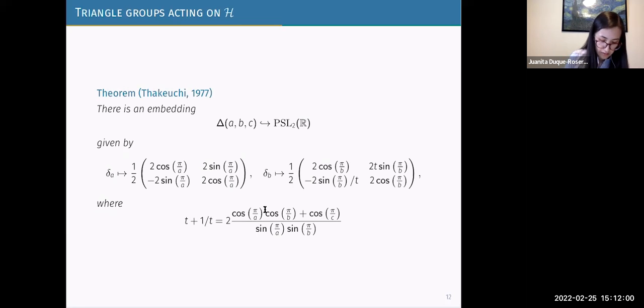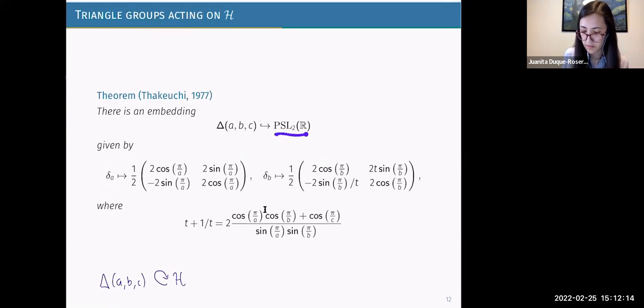And then, using this embedding, we can have a triangle group, delta of ABC, acting on the upper half plane, right? We send it to matrices with coefficients in R, and then we have those matrices act on the upper half plane, just as we did in regular modular curves.